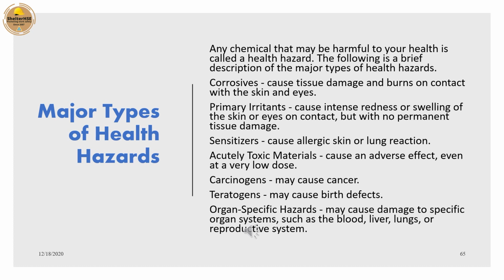Sensitizers cause allergic skin or lung reaction. Acutely toxic materials cause an adverse effect, even at a very low dose. Carcinogens may cause cancer. Teratogens may cause birth defects. Organ-specific hazards may cause damage to specific organ systems, such as the blood, liver, lungs, or reproductive system.